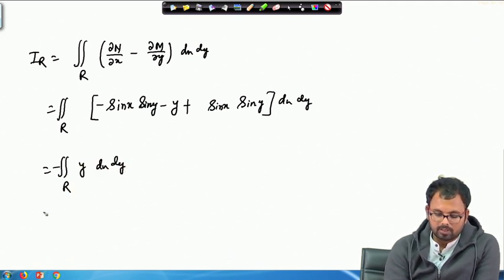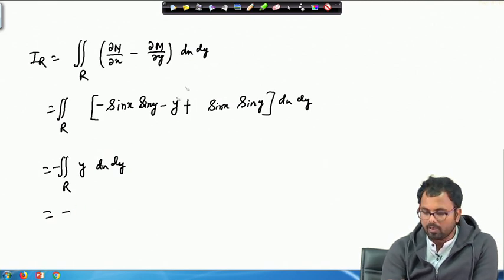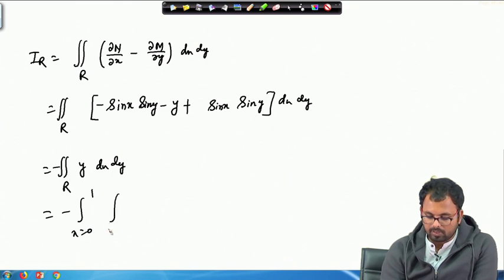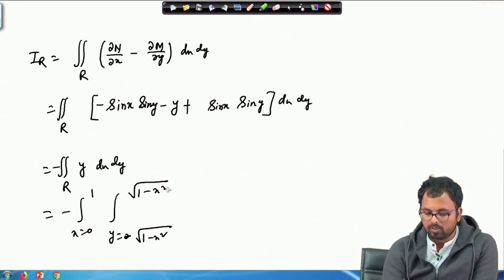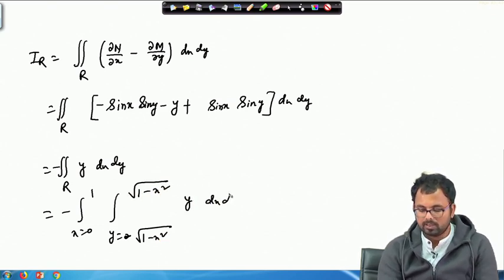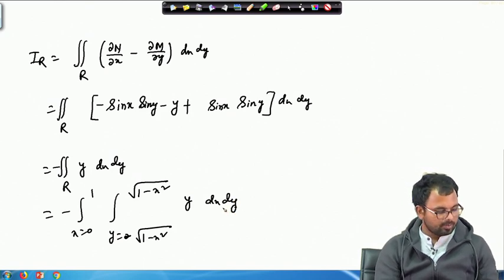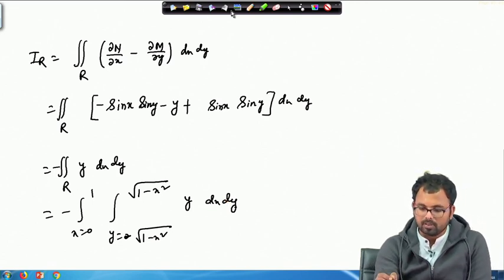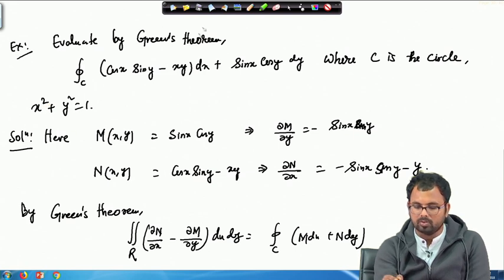dx dy, right. So, now for this circle R, the equation of this circle is x square plus y square equals 1. So, our x will vary from 0 to 1, and y will vary from minus square root of 1 minus x square to plus square root of 1 minus x square, y dx dy, right, because that is the range for the y, and the range for the x is 0 to 1.